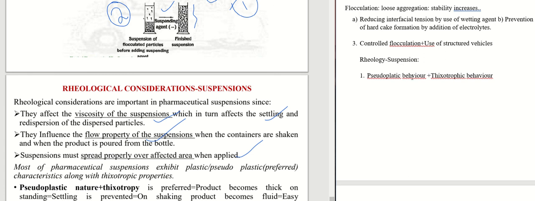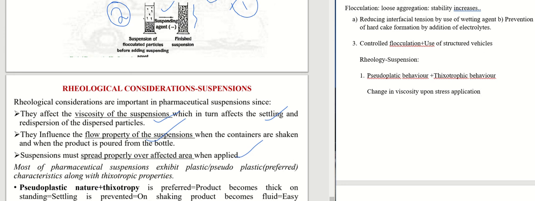Now let's see how pseudoplastic behavior and thixotropic behavior play a major role in improving the stability. The name itself indicates that there should be some change in the viscosity upon stress application. Meaning, there should be some change in the viscosity when we shake the container.